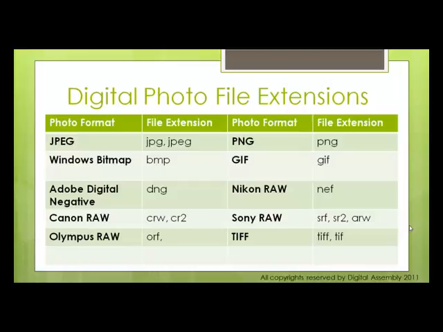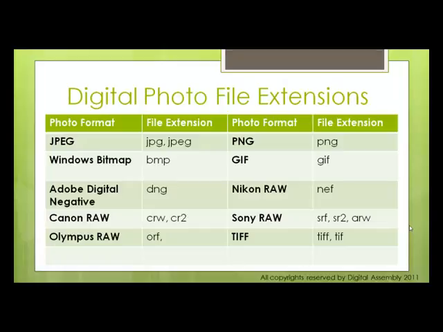You can tell typically what a digital image is in terms of its file format by looking at the extension. A JPEG typically has a JPG or JPEG extension, whereas PNGs have PNG, GIFs, etc. The DNG format is an attempt to have a standard raw format for all digital cameras.